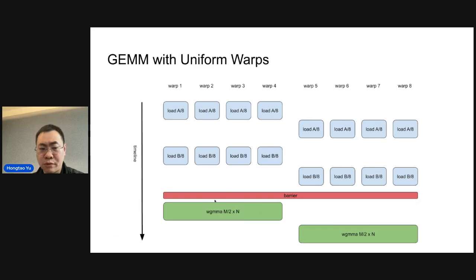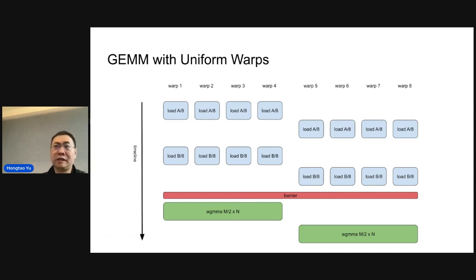Each warp is going to be responsible for loading 1/8 of the data. We divide the 8 warps into 2 groups, and 1 group is responsible for half of the output tile. As you can see, every warp runs exactly the same instruction stream, with those instructions, barriers, and the memory instructions.